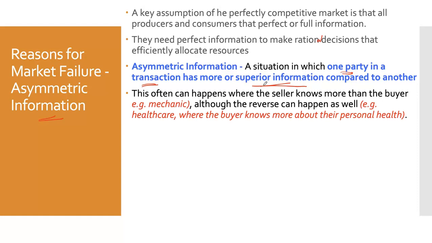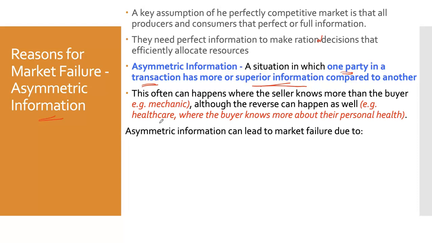This often can happen where the seller knows more than the buyer. For example, a mechanic potentially might lie to the buyer to increase the amount that needs to be paid. Although the reverse can also happen, for example, in healthcare, where the buyer knows more about their personal health than the business trying to sell insurance to them.